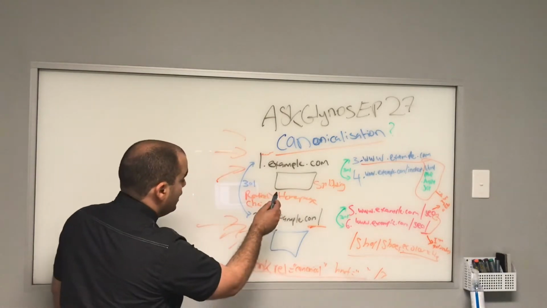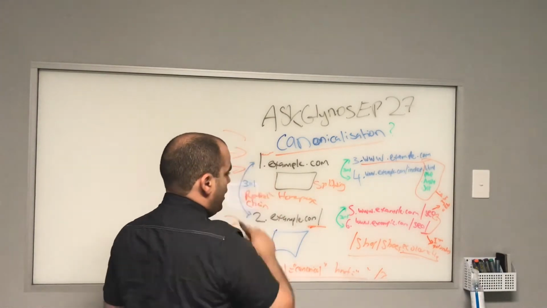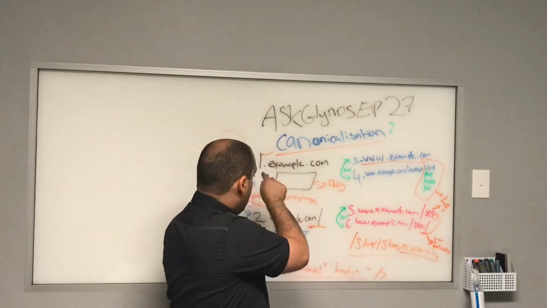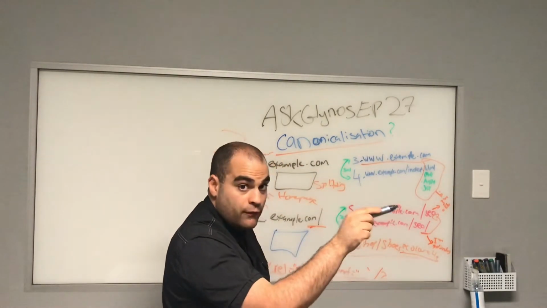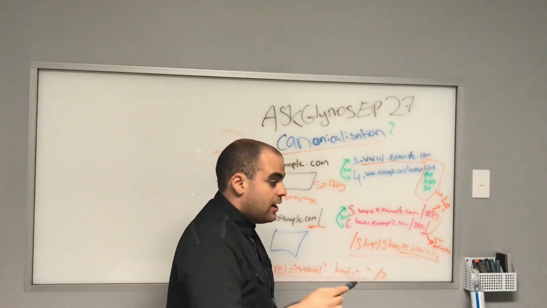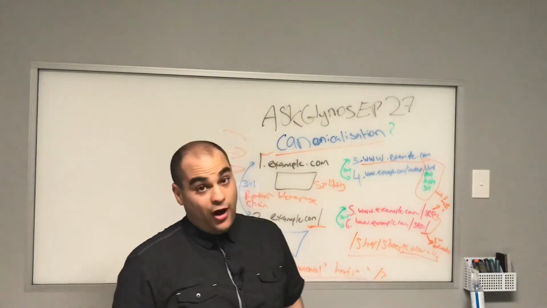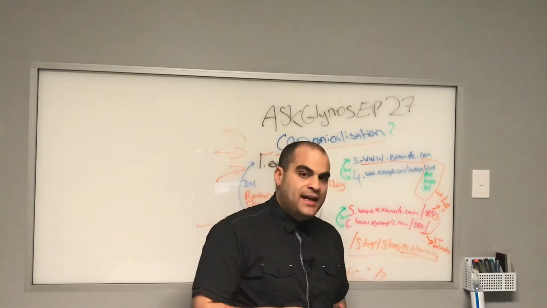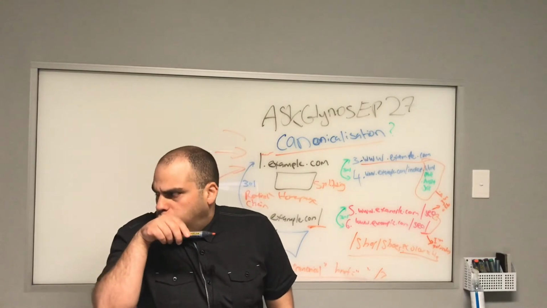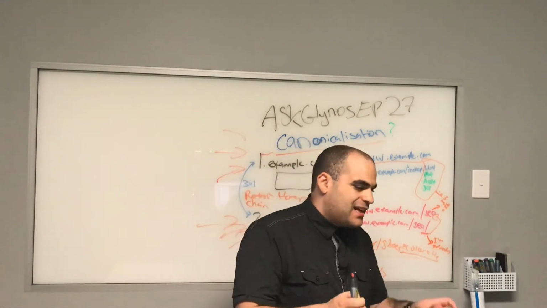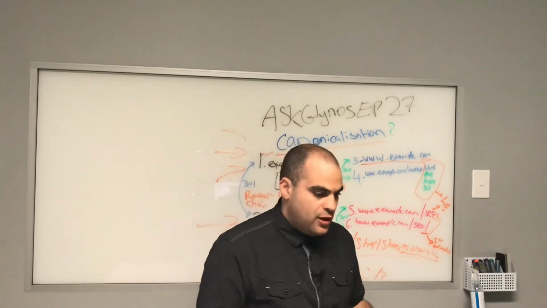Now, quickly, you also want to check, and I'll put it up here, I haven't got time to put it on the whiteboard, www.example.com versus no www.example.com. I see this actually quite frequently. And again, when you're making a decision, there are a lot of schools of thought on exactly which version is better to load up.